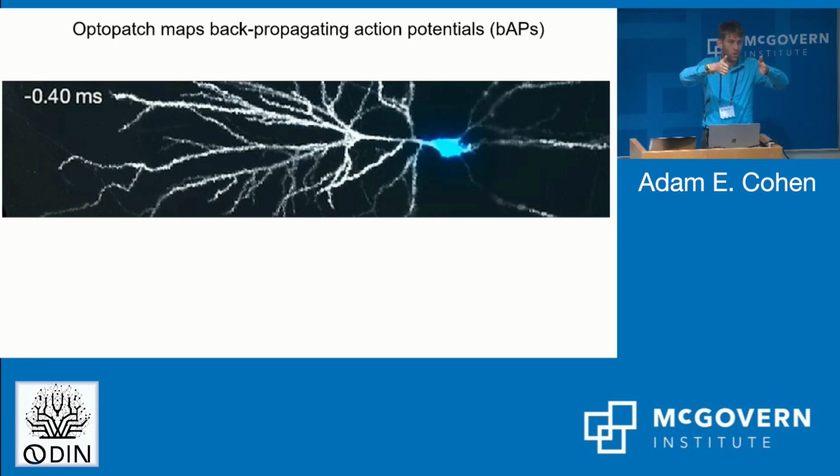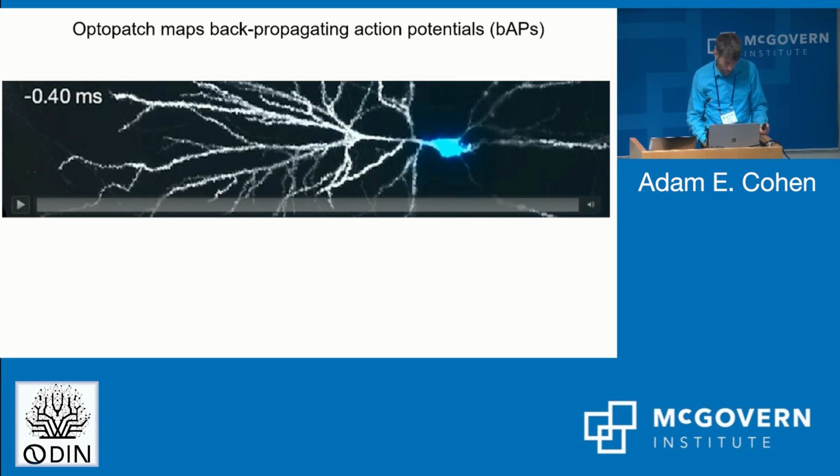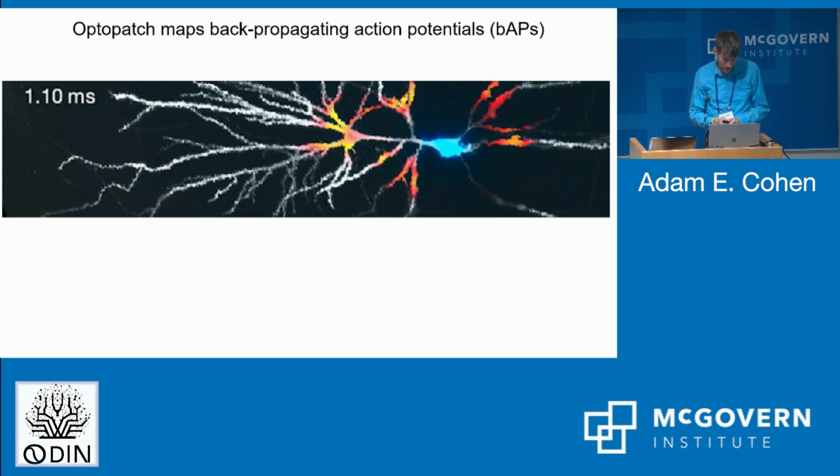But because we know that the underlying action potential is a smooth function of time, which goes up and comes back down, we can interpolate these discretely sampled data to increase the time resolution and to map the wavefront with a precision much better than the exposure time of the camera. And so here's an example where we've interpolated the wavefront to about 50,000 frames a second. And here's the map of this action potential back propagating throughout this dendritic tree. This is based on an average over about 100 trials.